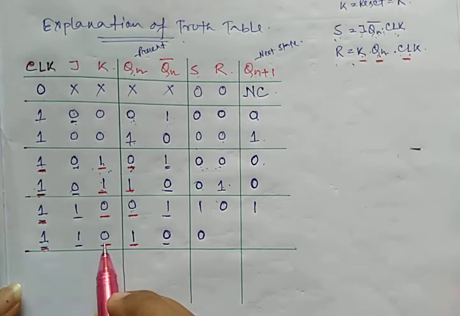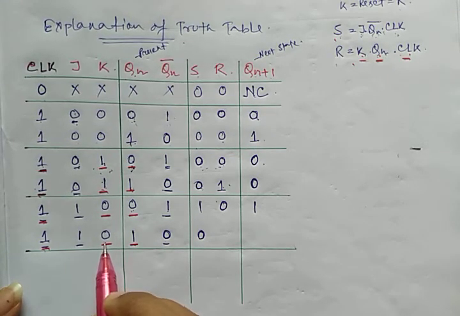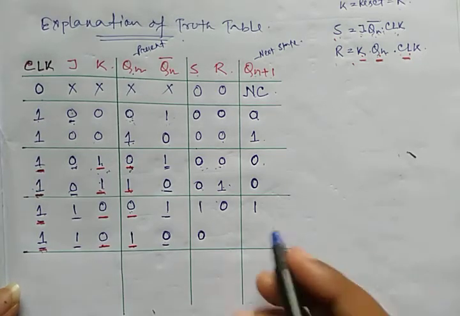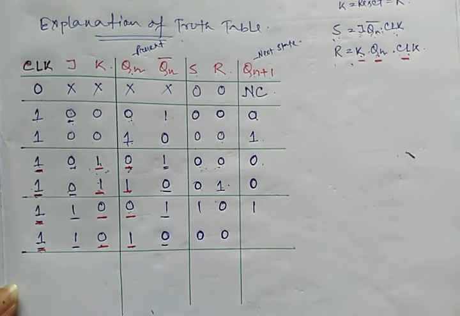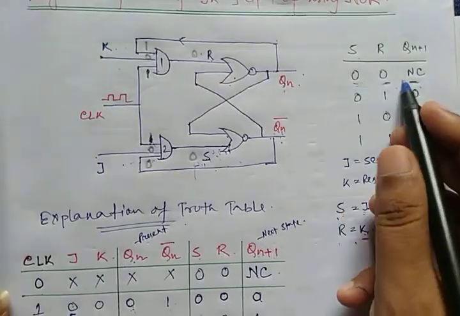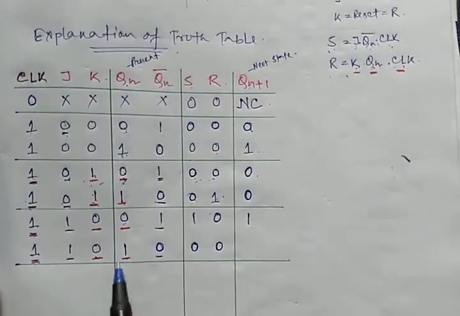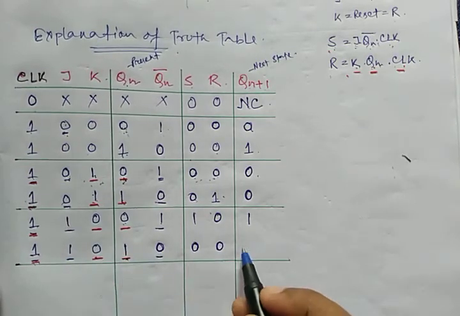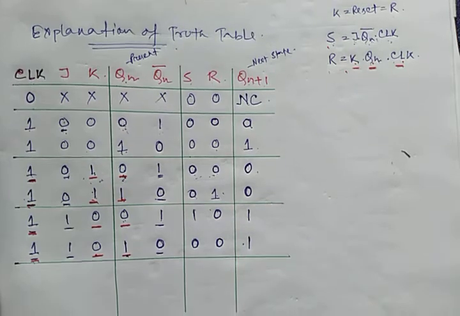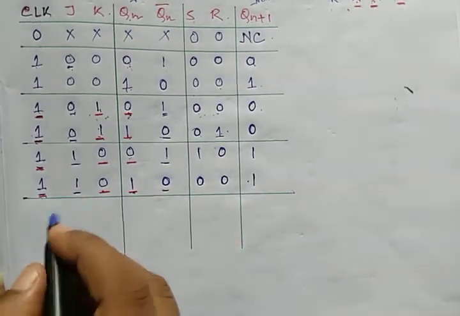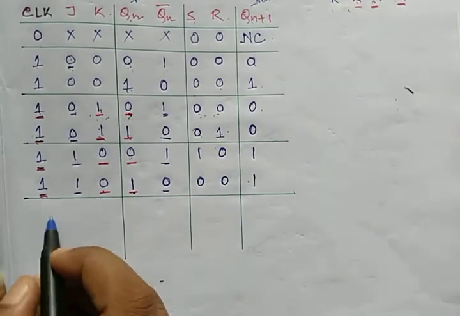That means one input signal is 0, so output is also 0. So 0 0 means we know that 0 0 is no change. No change means whatever the value of Qn, the next state also has the same value, so it is 1.